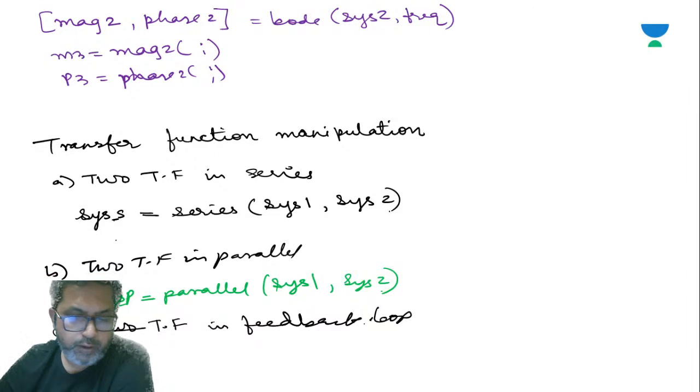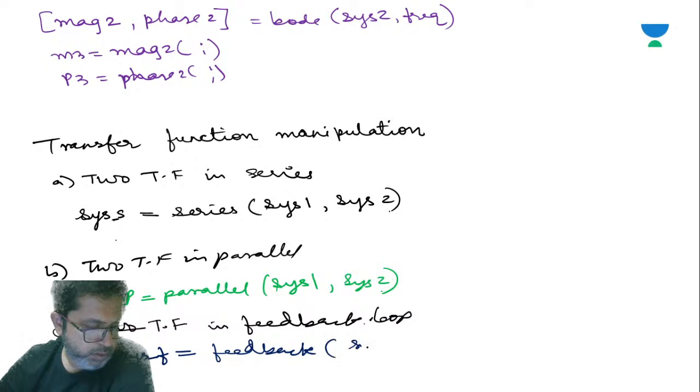Let us say sys_f is equal to feedback sys1 comma sys2.